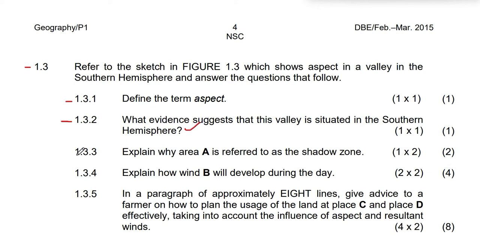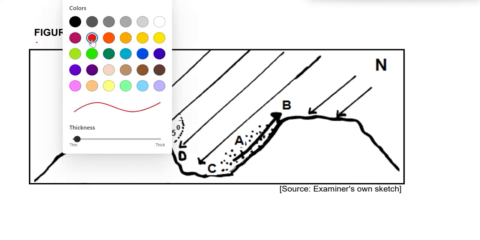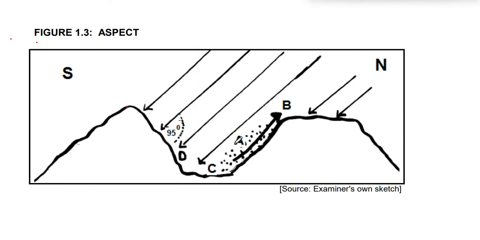Let's move to 1.3.3. Explain why area A is referred to as a shadow zone. Where's area A?